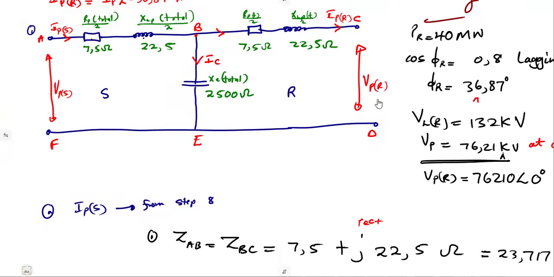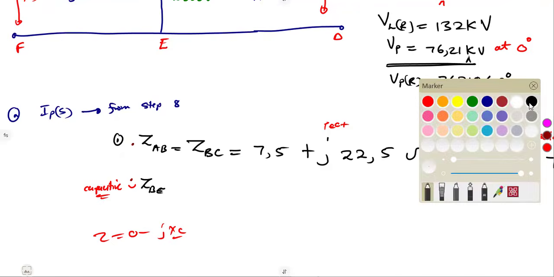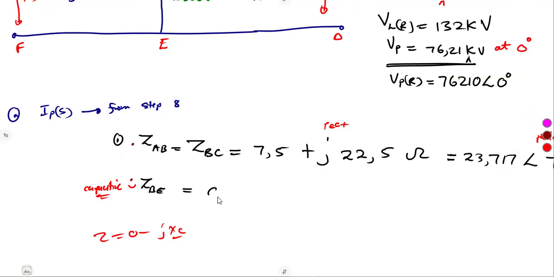So that's ZBE. The second one is going to be ZBE between points B and E. This is for the capacitor, and it is purely capacitive. Remember, Z is equal to 0 minus jXC when it is purely capacitive. Meaning 0 minus j, a capacitor, guys, you subtract.